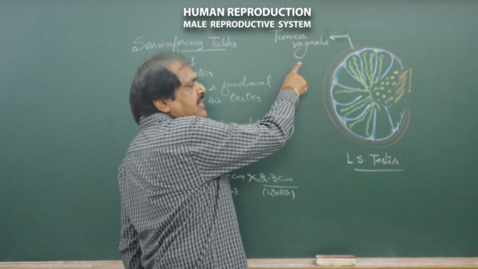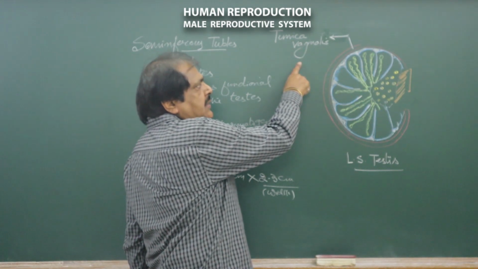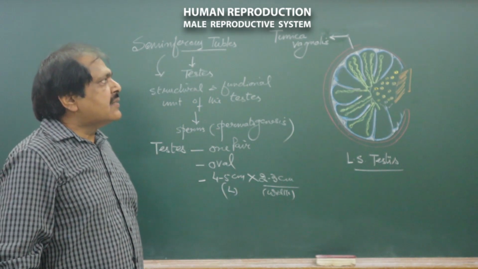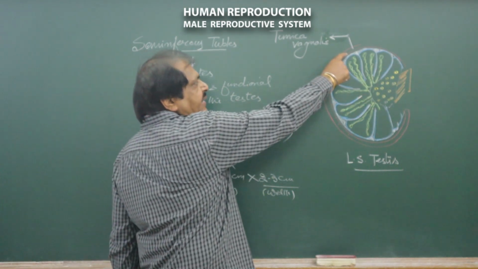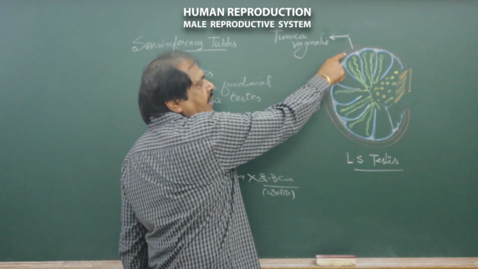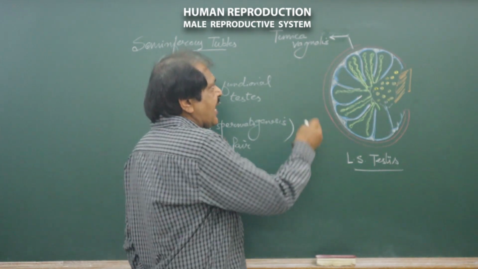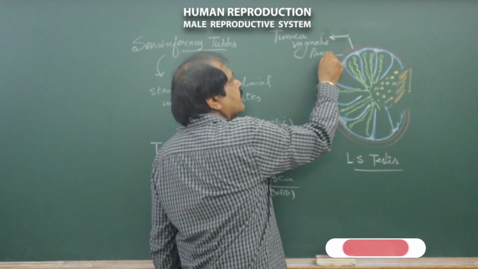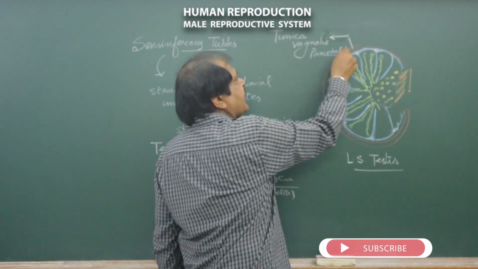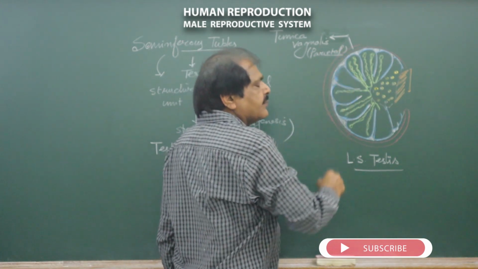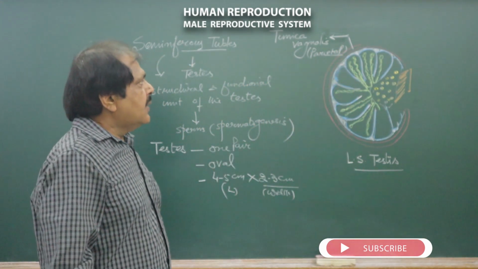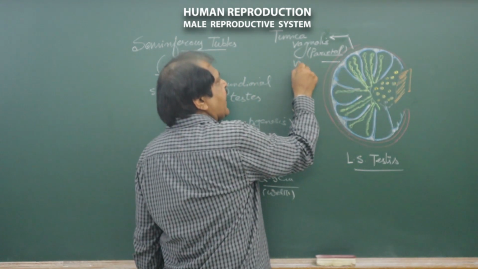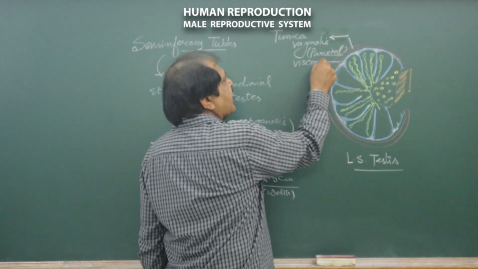Tunica vaginalis is made up of 2 parts, that is, one is the parietal and second is the visceral. This outer is parietal, as we have seen in case of the lungs, and this inner one is known as visceral.